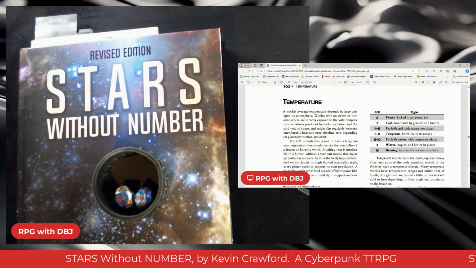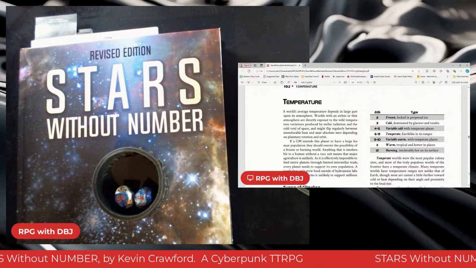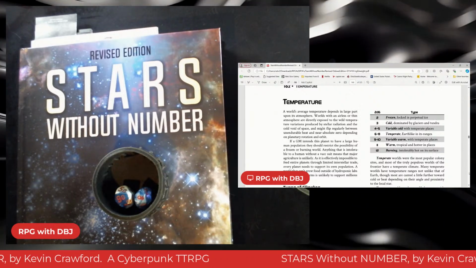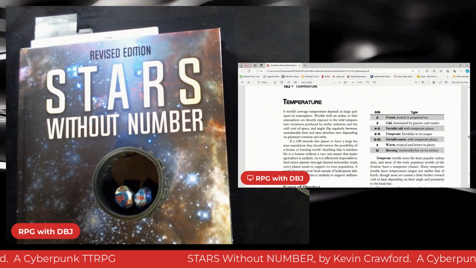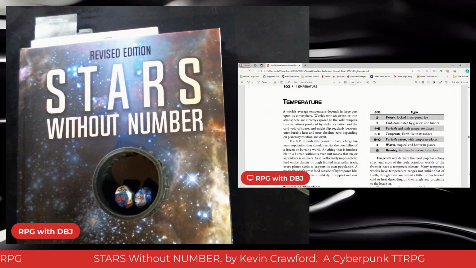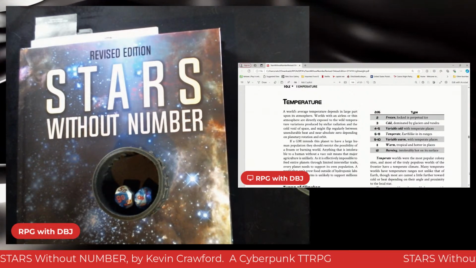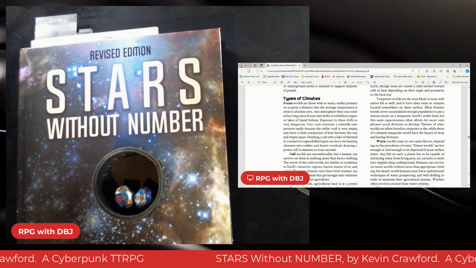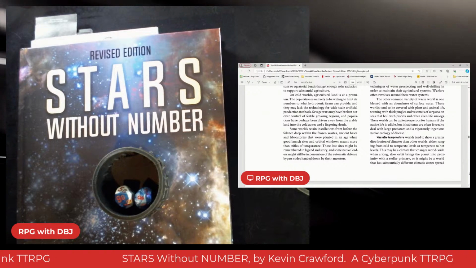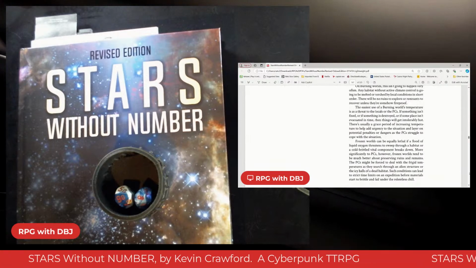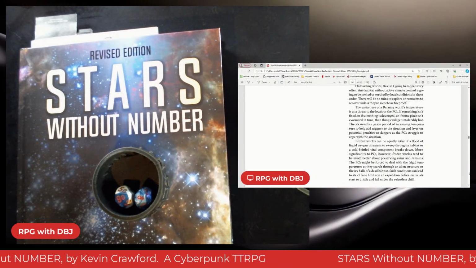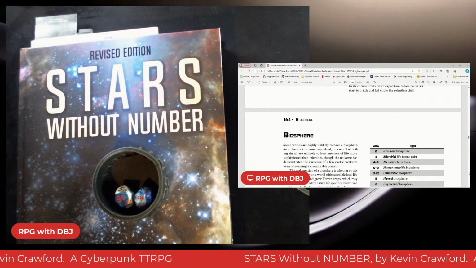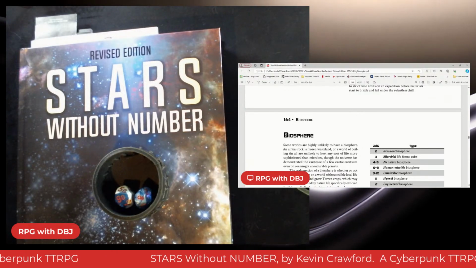It's going to be more likely than not that players are going to be able to go to these worlds with maybe a thermal suit, but that's about it when it comes to temperature. But then there are other places that are completely burning and hot, and that could just be a one-off. This is probably the free version because there's no art in here, and there's art in my book. So I must be using the free version. So okay.